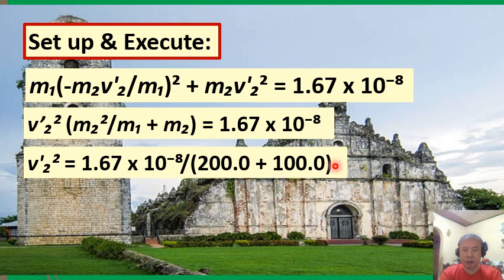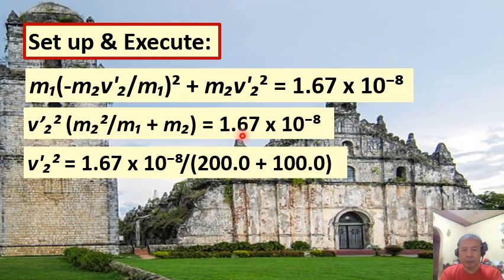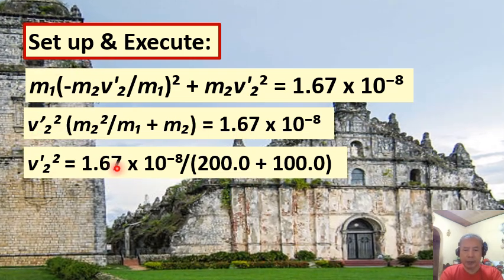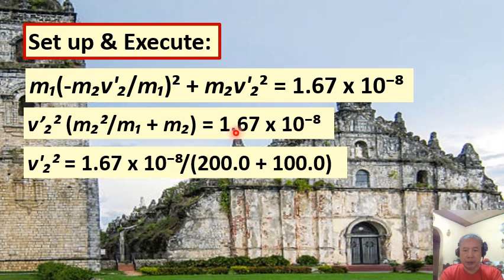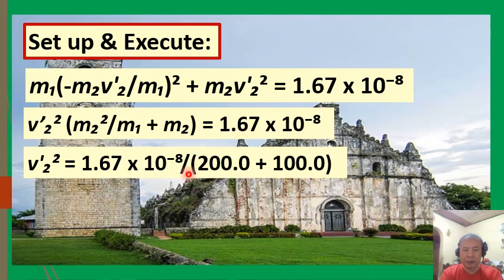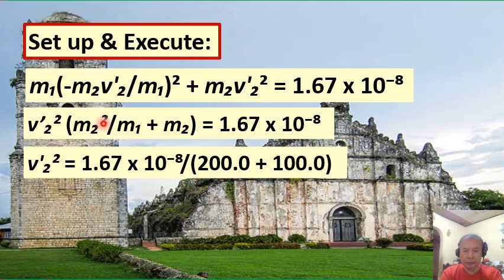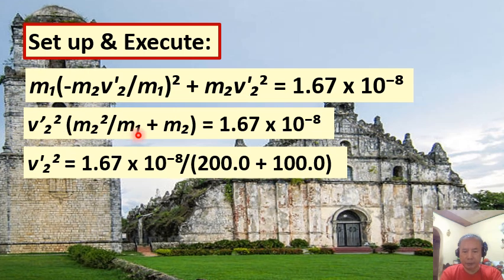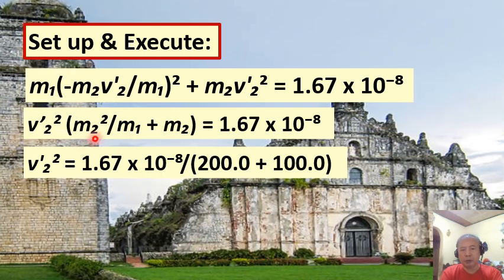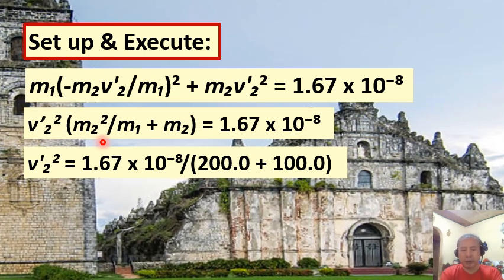After we isolate b prime 2 squared, 1.67 times 10 to the negative 8 will be divided by m2 squared over m1 plus m2. m2 is equal to 100.0 kilogram.